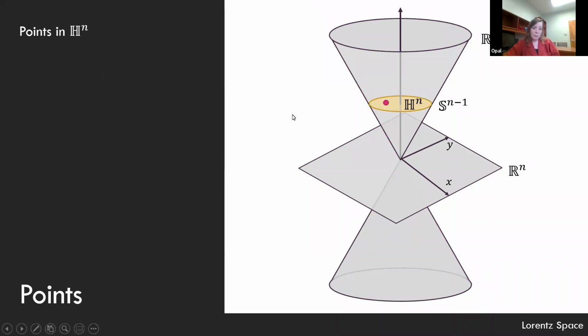The last part I want to bring up is points in the hyperbolic space, because they have a nice correspondence too. They're picked out by positive time-like unit vectors in n+1 space. For every one of those points, there's a positive time-like unit vector going through it that we can pick.